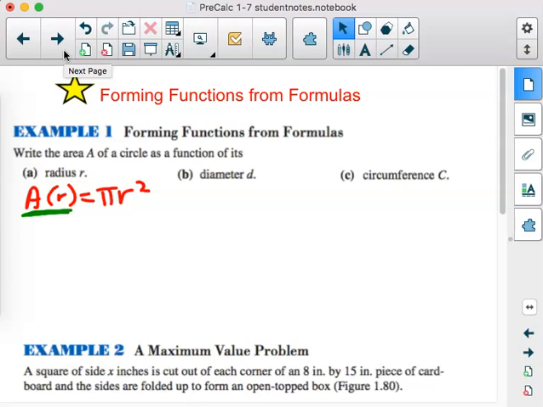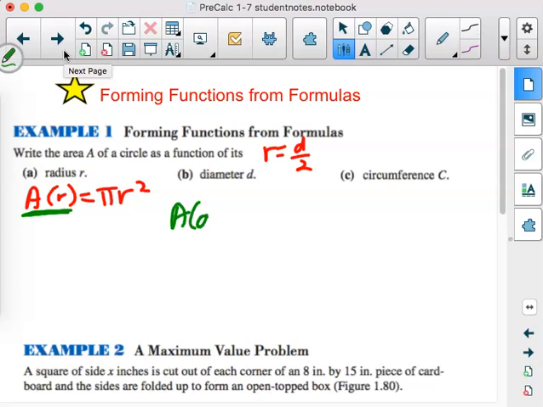Now for B it says, let's change this up and let's do this in terms of the diameter d. So what I have to do is think about the fact that I used the radius before, and that the radius is half of the diameter, or the diameter divided by 2. So this time, the area will be found in terms of d, and it will be pi times d over 2 squared.